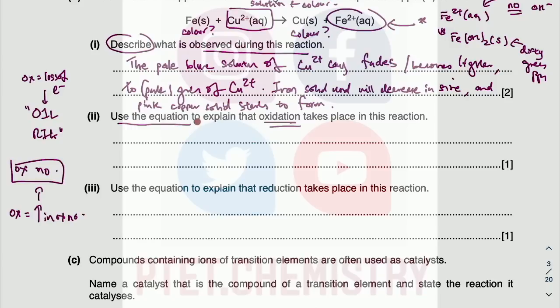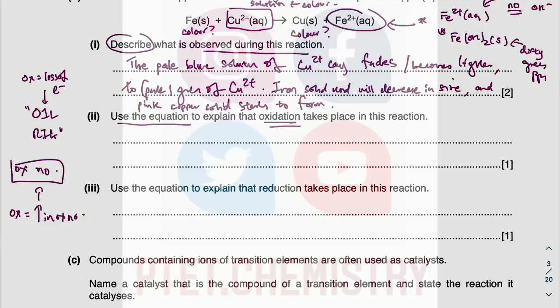They say use this equation, but they did not specify you have to use this in terms of electrons or in terms of oxidation number. As long as it's correct chemistry, because they did not specify you have to use electrons, you can of course use oxidation number. If you apply it correctly, I'm sure you will get the marks because it's correct chemistry.